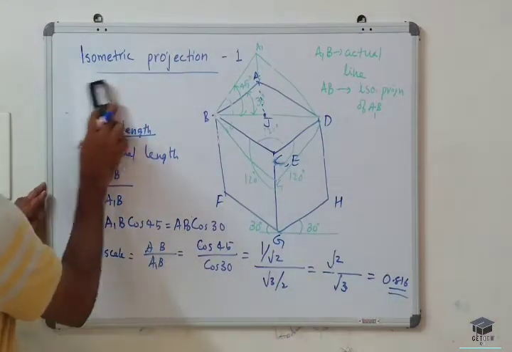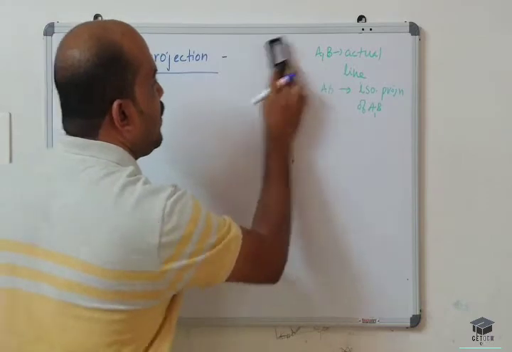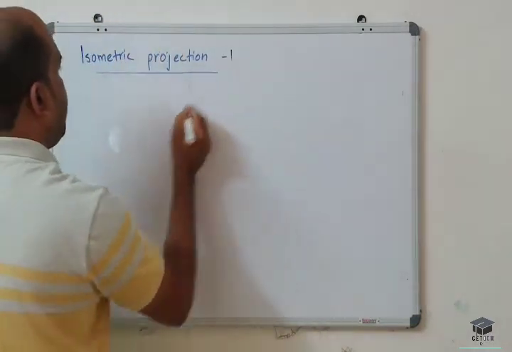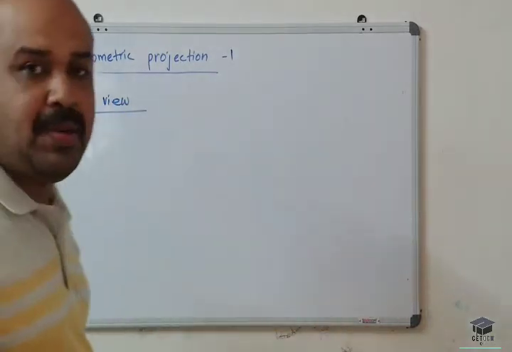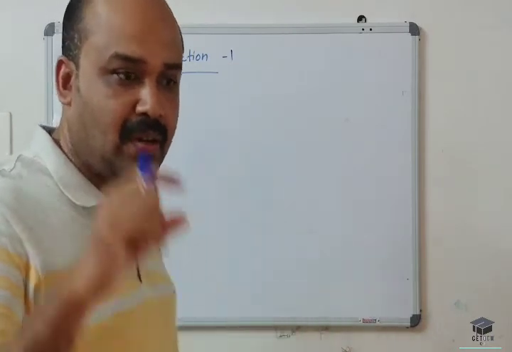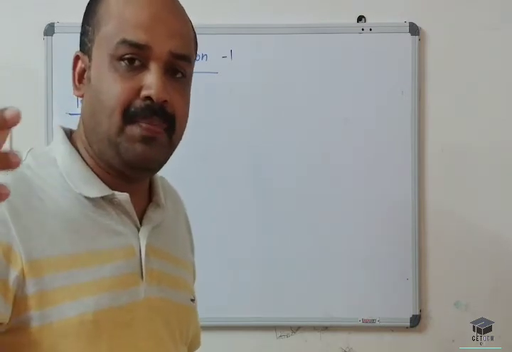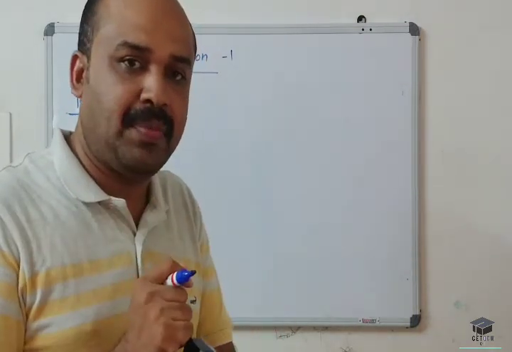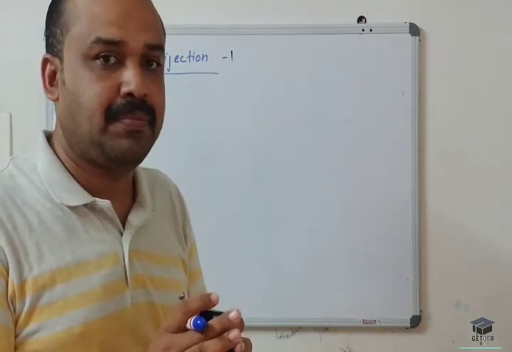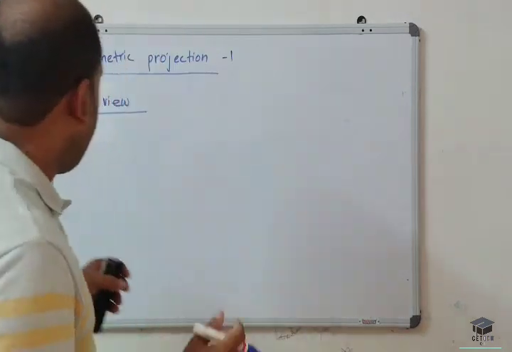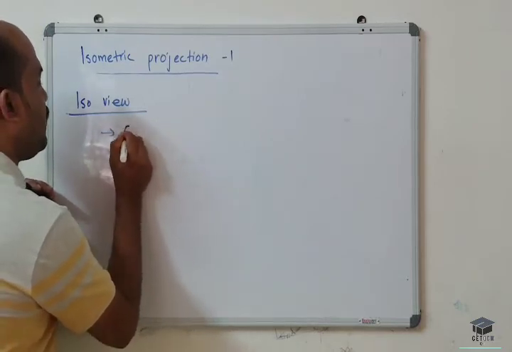Then next, this is very important for understanding: isometric view. We already discussed isometric projection, where all the lengths are reduced. In isometric view, we neglect the change in dimension. We draw with the original dimension, but the angles will be the same.